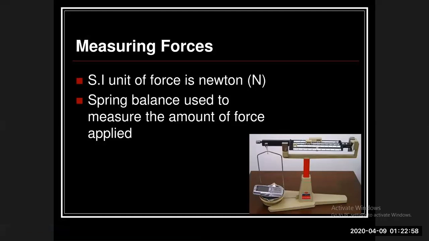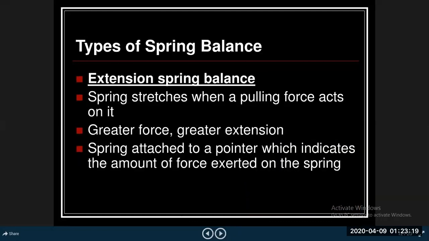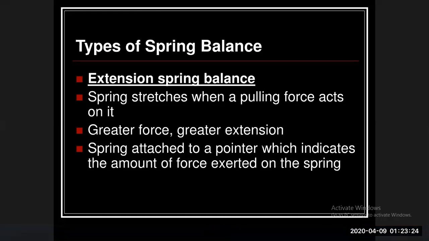Next, a spring balance is used to measure the amount of force applied. Here you see in the picture that a mobile is placed in the pan, and a spring is connected with the hanger. Whatever weight is in the mobile extends the spring, and there is a pointer attached to the spring which gives the reading of expansion. By knowing the extension in the spring, we can measure weight. A spring stretches when a pulling force acts on it.